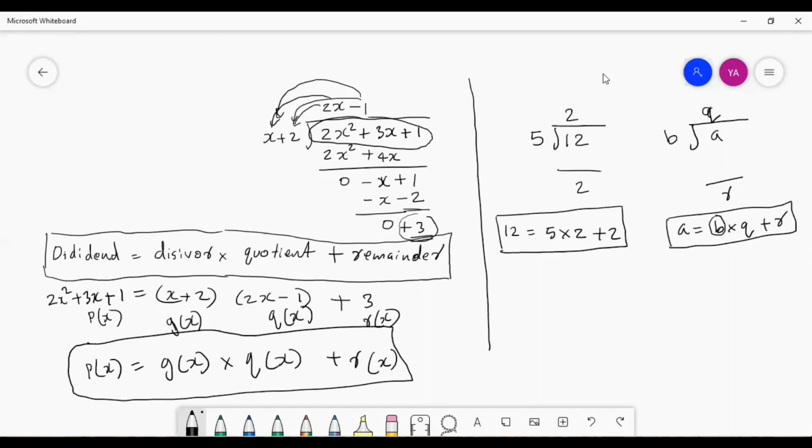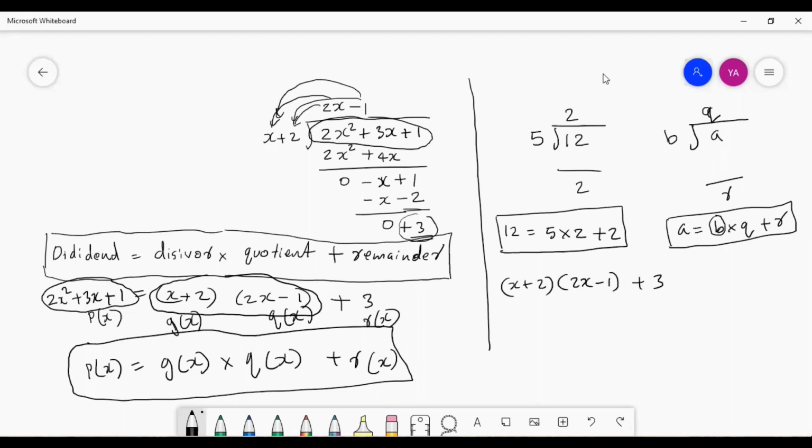You can check it in any example. Take this example. We can multiply these two and add plus 3, and check whether we get 2x square plus 3x plus 1 or not. So I shall write here: x plus 2 into 2x minus 1, then plus 3.